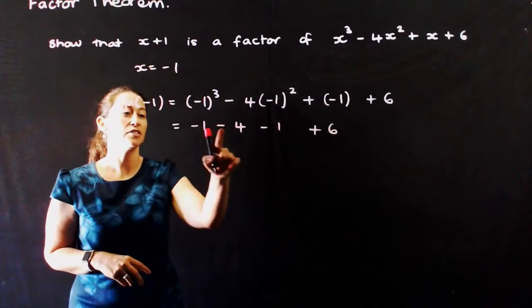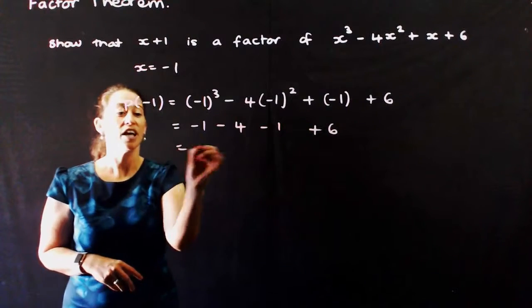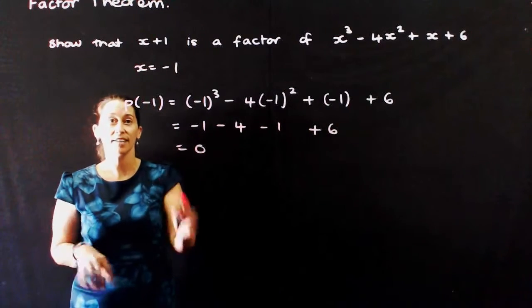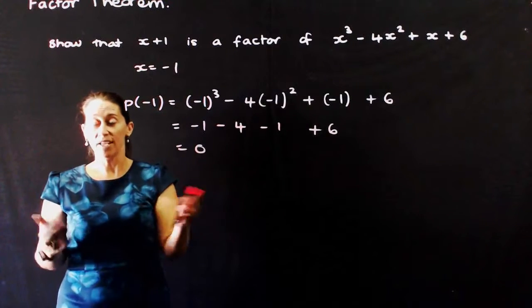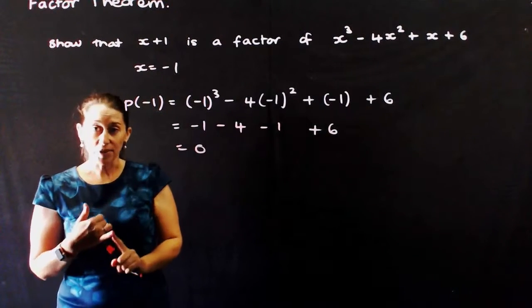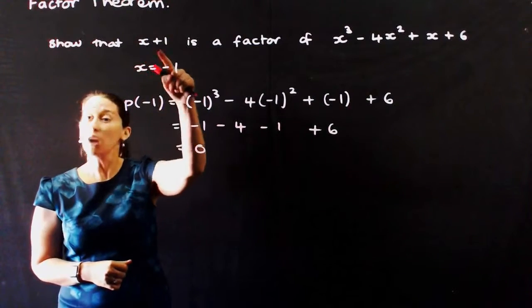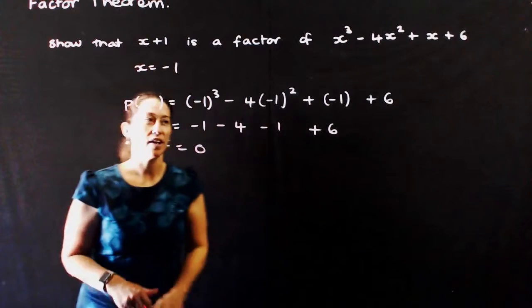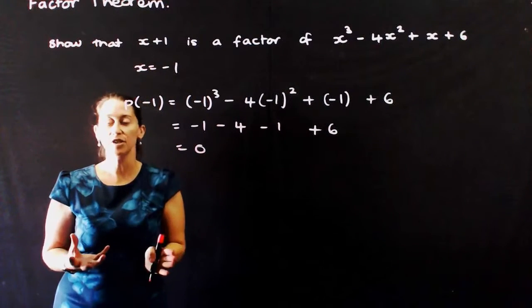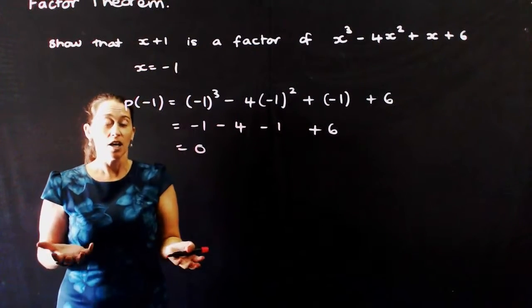Minus 5 minus 6 plus 6 is 0. So yes, we can say that when x equals minus 1, y equals 0, which means it must be an x-intercept on the graph. Therefore, x plus 1 is a factor of x cubed minus 4x squared plus x plus 6. Now what we're going to do is find the remaining factors for this cubic.